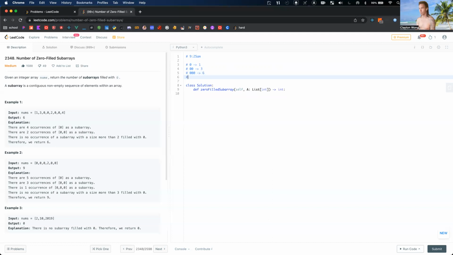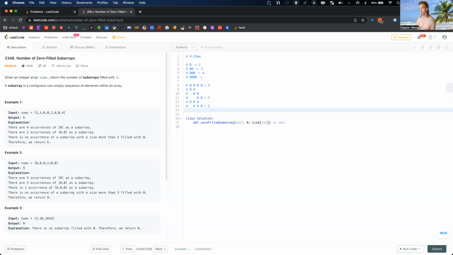And then 4 adjacent zeros would be what? What would this be? One each, which goes 4. One of size 2 there, one of size 2 there, one of size 2 there. So there's 3 more. And then one of size 3 there, one of size 3 there.